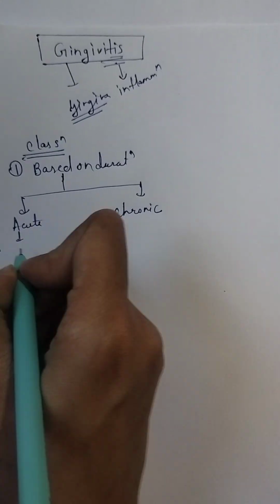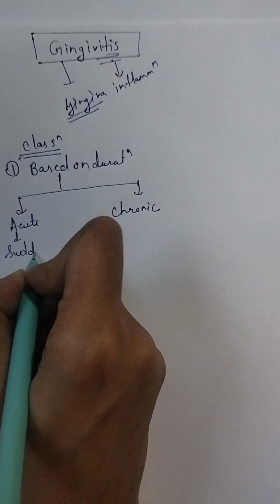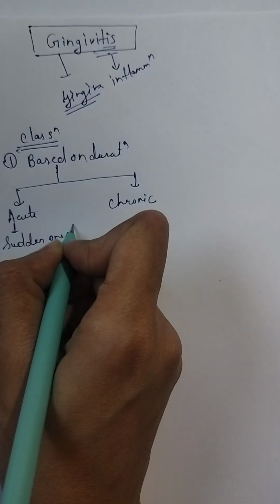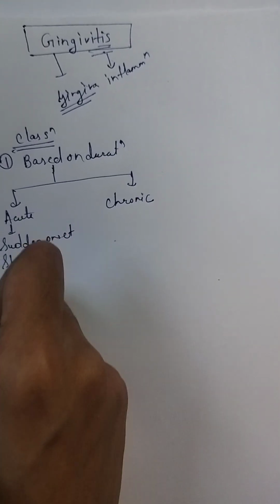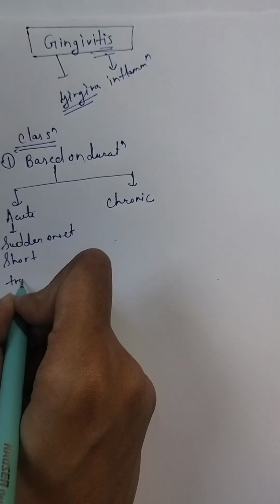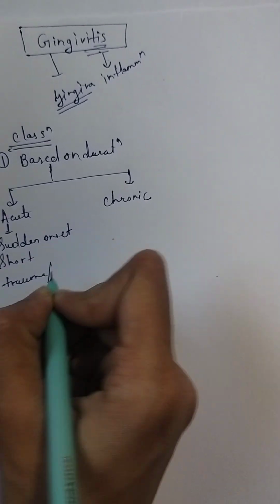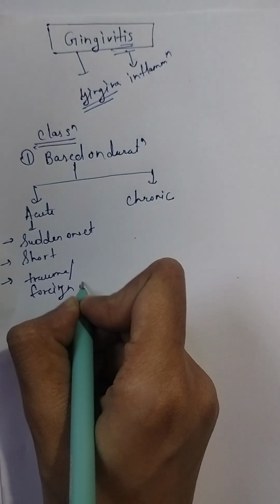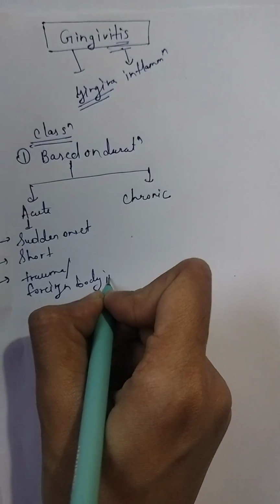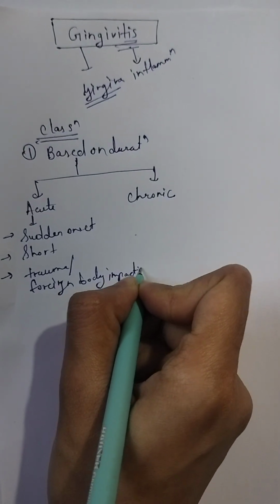What is acute gingivitis? Acute gingivitis has a sudden onset for a short duration. It is due to trauma or foreign body impaction.